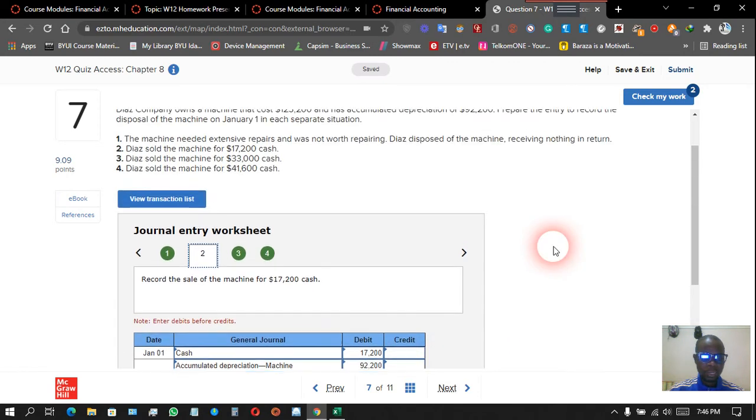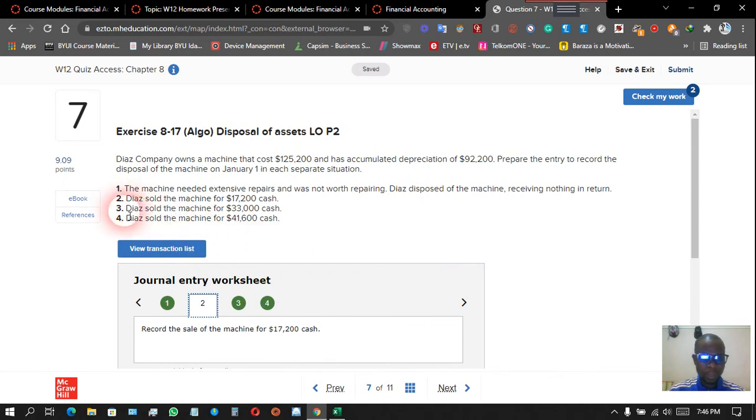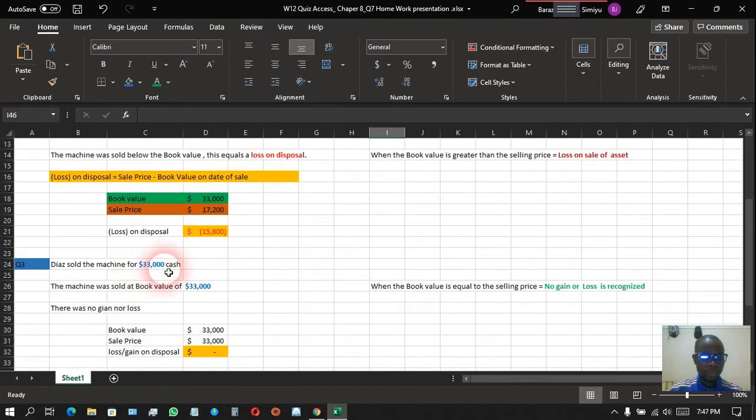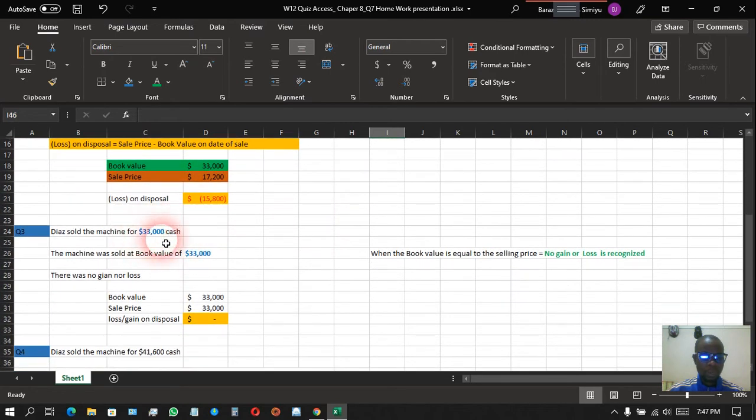Now let us look at situation number 3. It says Diaz sold the machine for 33,000 cash. Now if the machine was sold at 33,000 cash, this amount is equivalent to the book value of the machine.